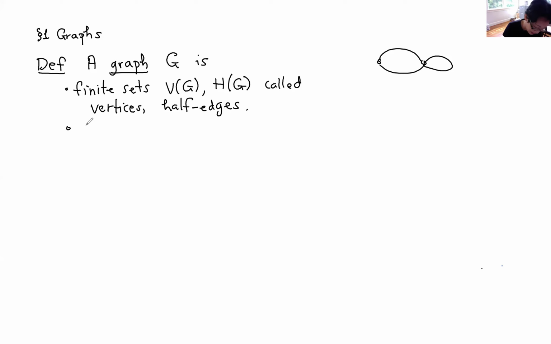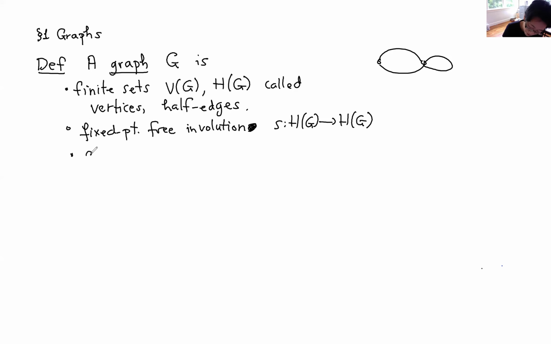So first of all, a map, which is a fixed point free involution on half edges. I'll call my map S. And a map R that I'll think of as a root map.